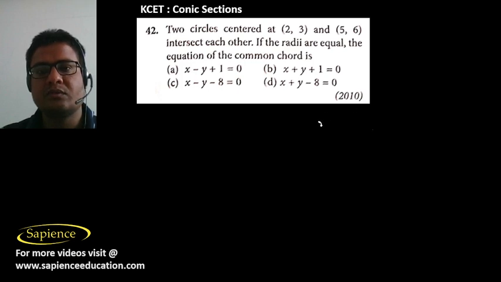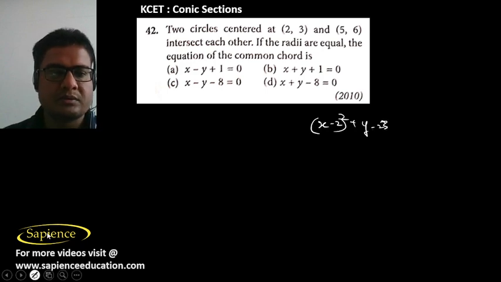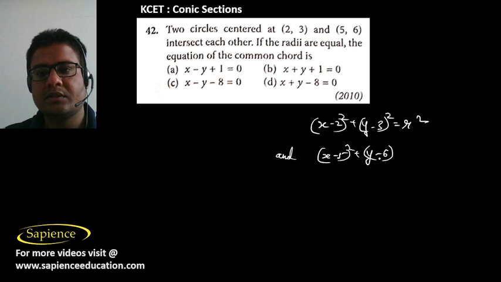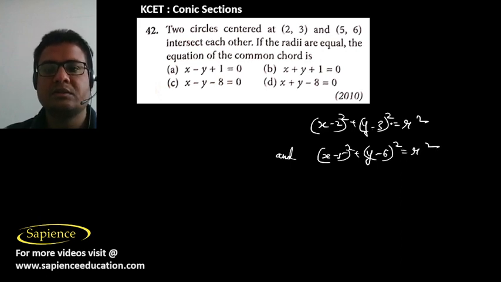The equation of one circle is (x minus 2) whole square plus (y minus 3) whole square equal to r square, and the other circle is (x minus 5) whole square plus (y minus 6) whole square equal to r square, since their radii are equal and their centers are at (2, 3) and (5, 6).